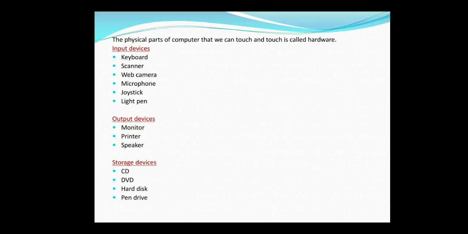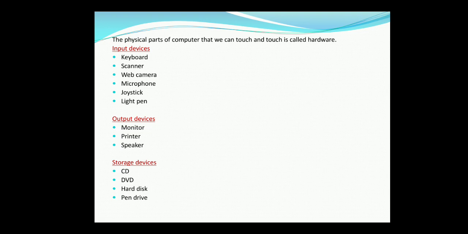When we have to take the printout, we use the printer. And that is called the hard copy. That means the output displayed on the paper, that is called hard copy. Speaker. Speaker is also an output device because it is used to listen to the sound from the computer system.